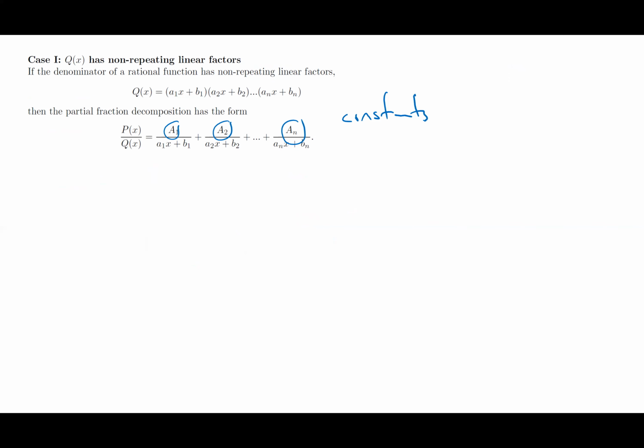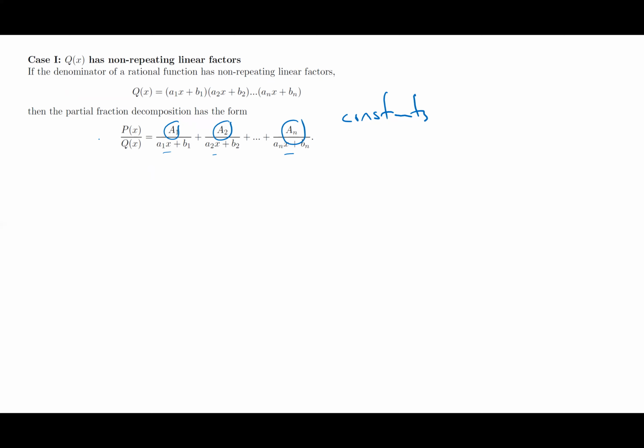Because think about a reduced rational expression: the degree of the numerator needs to be less than the degree of the denominator. Otherwise, you can divide and then have a quotient with some remainder. Well, if these are linear factors, they're all degree 1, so my numerators need to be degree 0, which means constants.